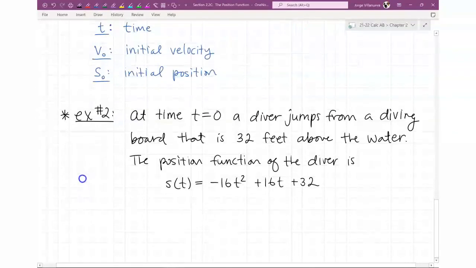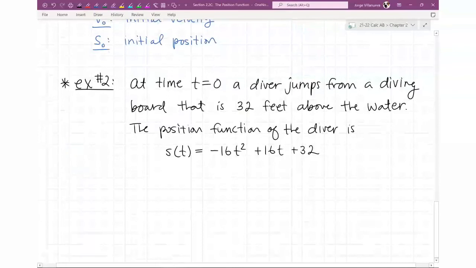Now they're giving us some information there. They're not really telling us anything obviously, but there is some information there. We'll discuss that in a bit, where t is in seconds.